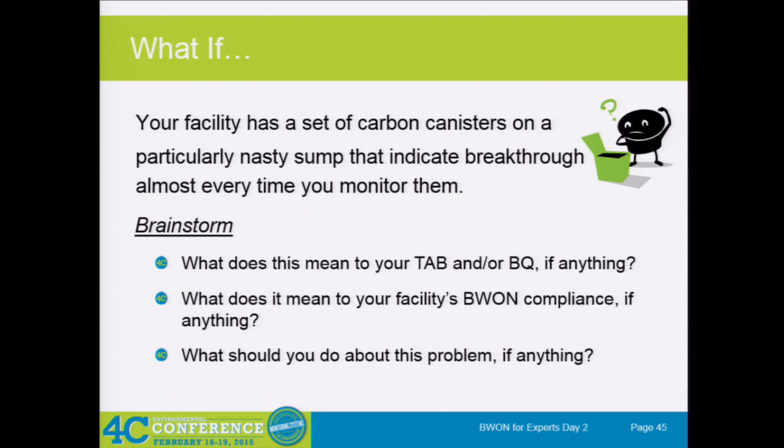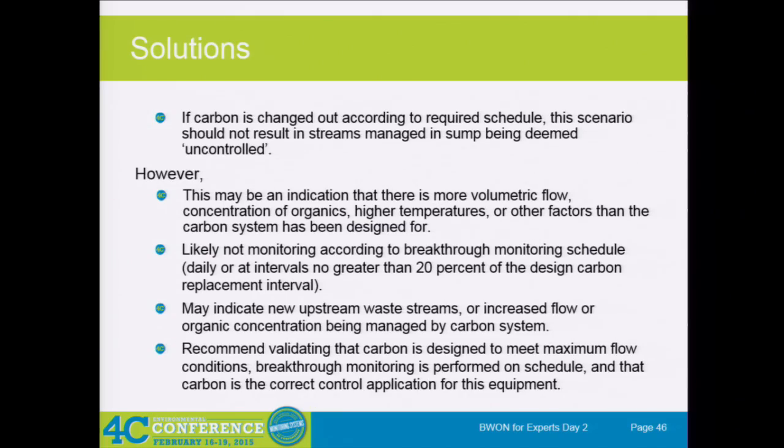Well, if you're doing it daily, I would really look upstream and figure out who's dumping what to the system that doesn't need to be there, or you just need to increase. If that's your new normal, you need to resize your carbon canisters. Or give Vapor Point a call.